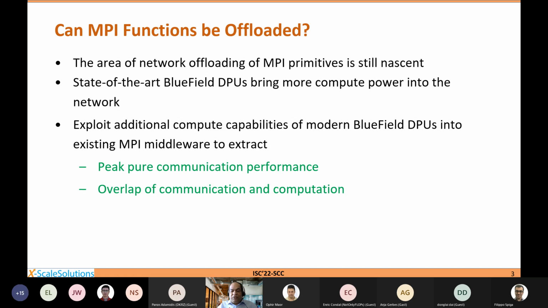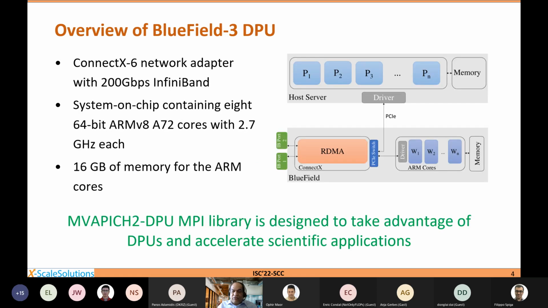Think of the DPU as an offloading engine. If I show this architecture, some of you might have seen it. This is the DPU architecture. We have a set of hosts, and within the node, in addition to the basic InfiniBand RDMA engine, we also have a set of cores. I call them, in a very simplified manner, executive secretaries.